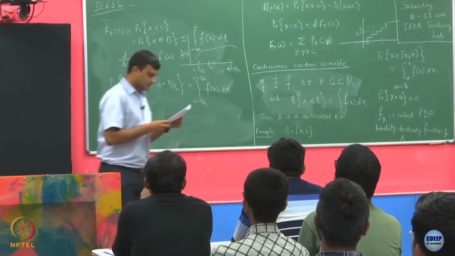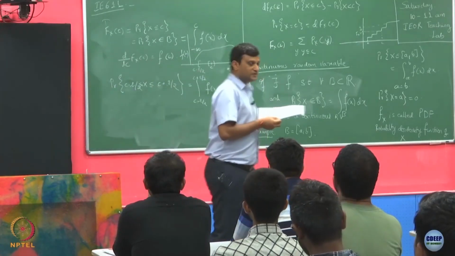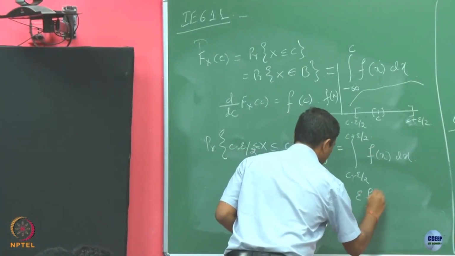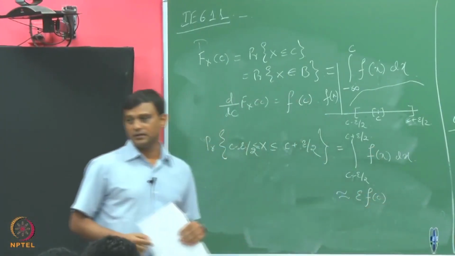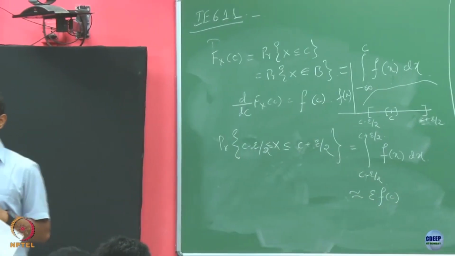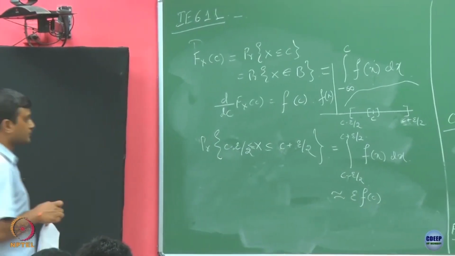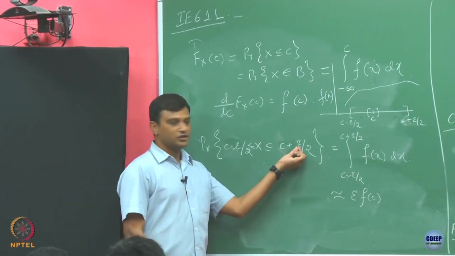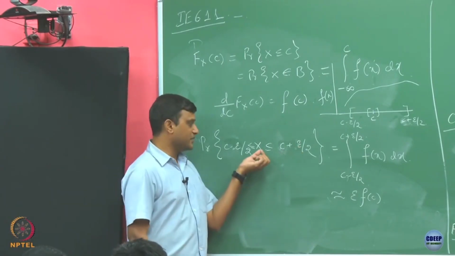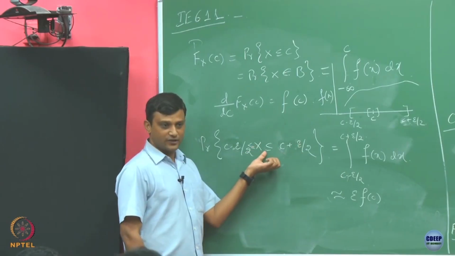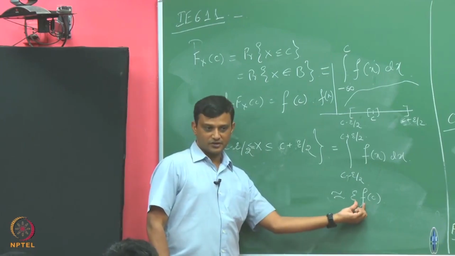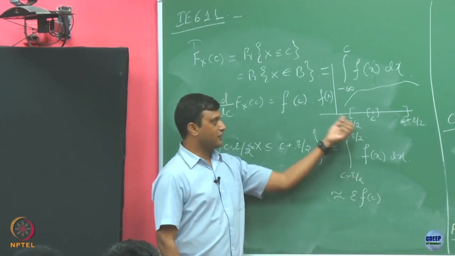Just f of c times epsilon, right? So I can approximate this as f(c) times epsilon. So the first thing you note is, if you let epsilon become small, you are basically asking the question X is exactly equal to c. That is already going to be 0 if you let epsilon go to 0, which we have already observed.